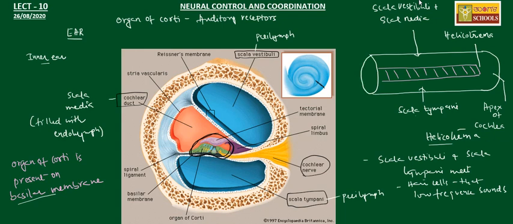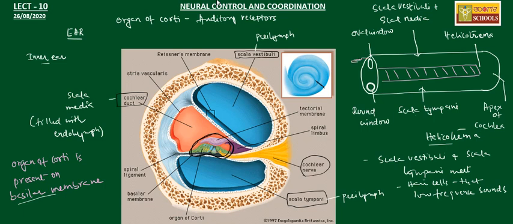On the top here you have the oval window, and below this is the round window. Connected to the oval window we have the stapes.